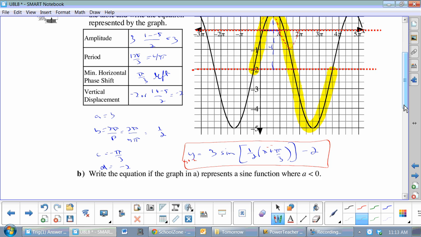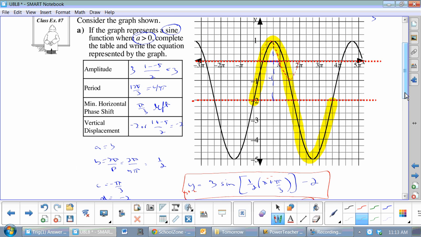Okay. Now, how would you do this if A had to be less than 0? So in other words, it was stretched, then flipped, then moved down, then moved left or right. Now, after it was stretched and flipped, it would look like this.